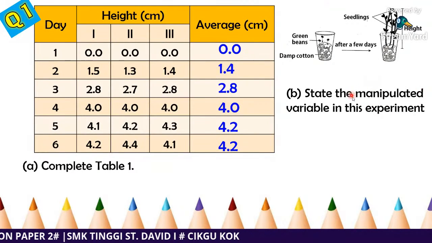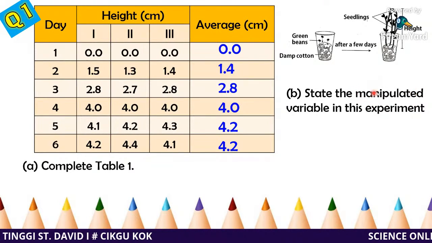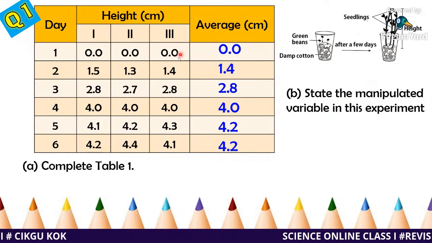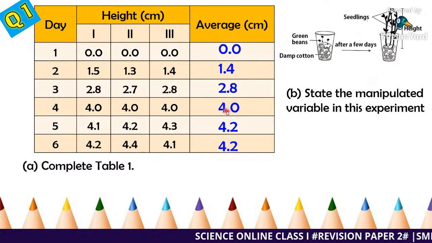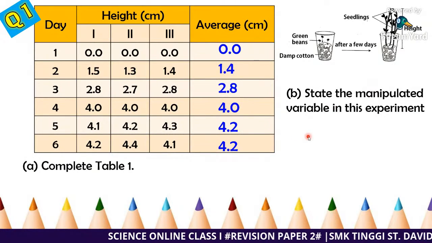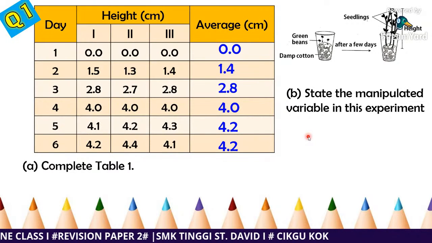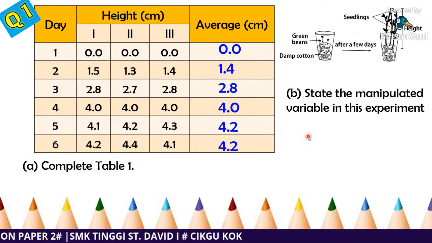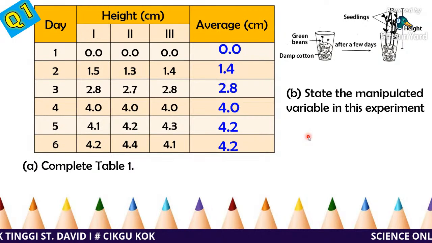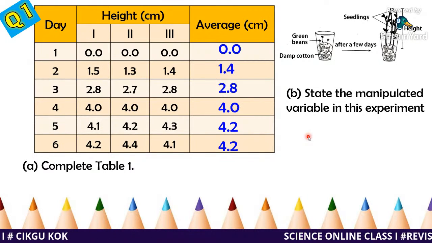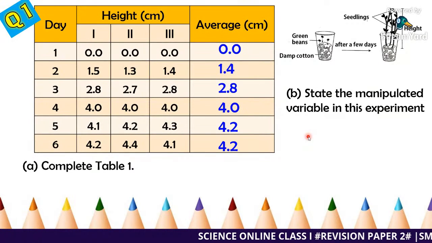Okay, faster. Green bean? No. Green bean is not the manipulated variable. Green bean should be a constant variable. Manipulated variable means there will be changes, but I control them. Height I cannot control, Gwen. Height should be the responding variable.